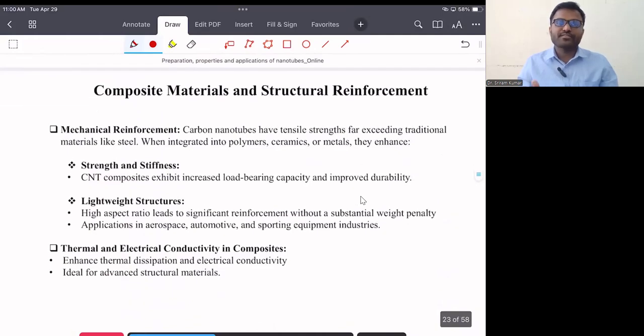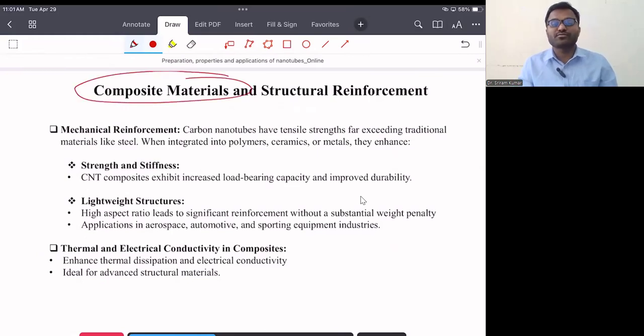Okay, so our next important application is for composite materials and structure reinforcement. Here, composite materials have huge application in diverse areas. The most important application in biomedical applications is medical implants. For example, knee implants, maybe someone has a hip implant, maybe a dental implant.